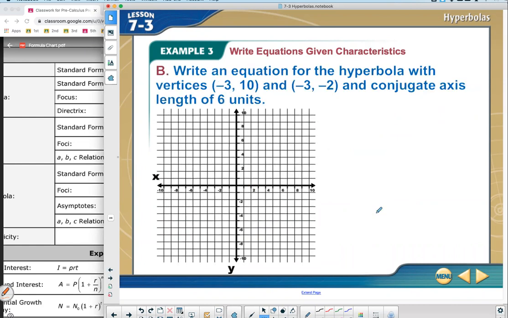All right, part B. It says write an equation. So again, whenever you write an equation, I would recommend you copy from the formula chart the standard form for this shape, which is a hyperbola. What's common is that you have a parenthesis squared over A squared minus another parenthesis squared over B squared, and you would set that equal to 1.